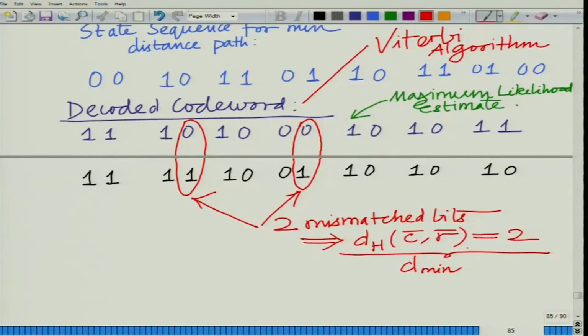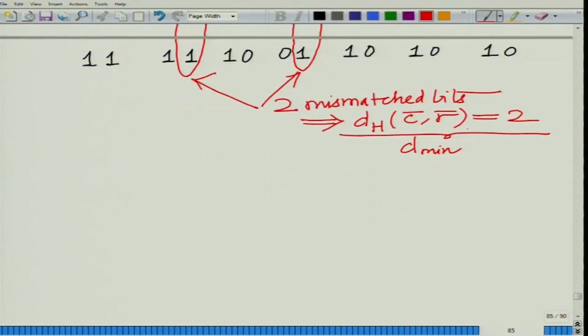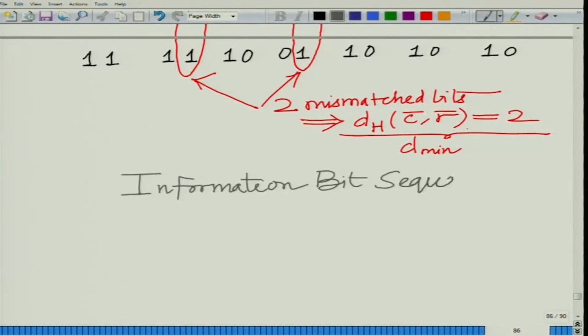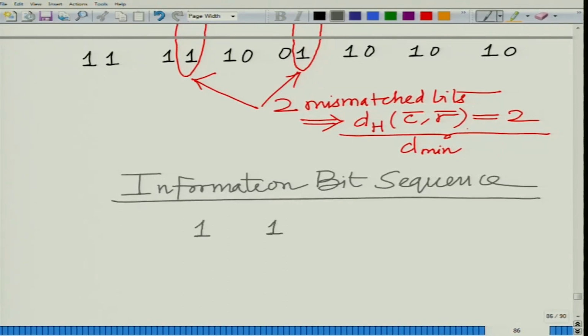Okay. So with that, and of course the decoded information bit sequence, you can also see from the path the information bit sequence. Remember, from the path you will have 1 1 0 1 1 0 0.